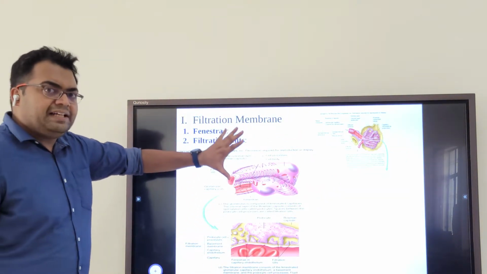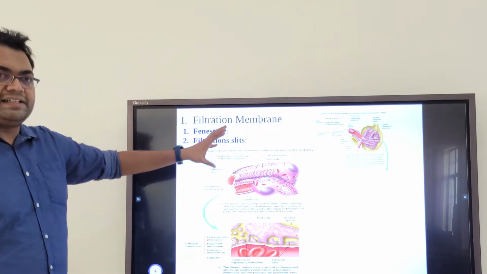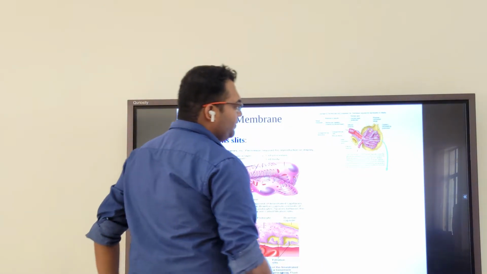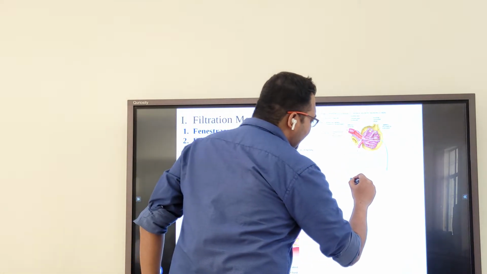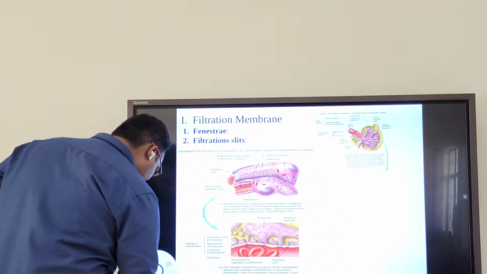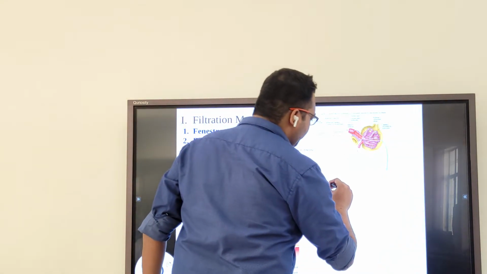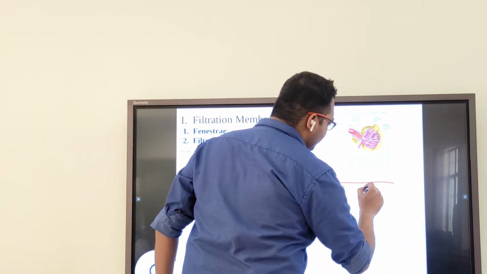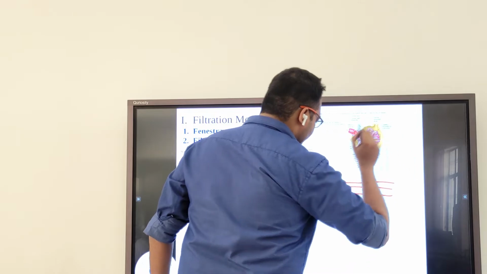You can visualize it. Filtration slits are made up of podocytes. What you have is multiple glomerular capillaries going on. You can think like that.